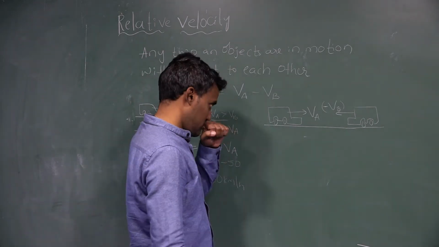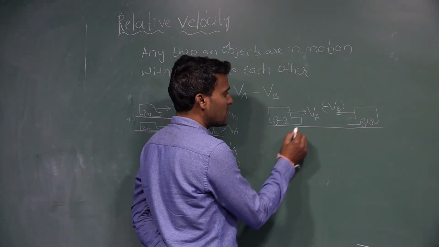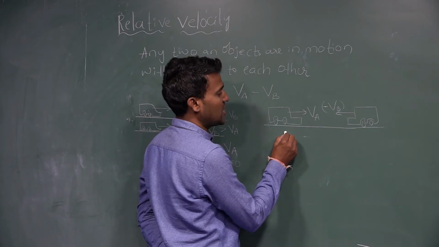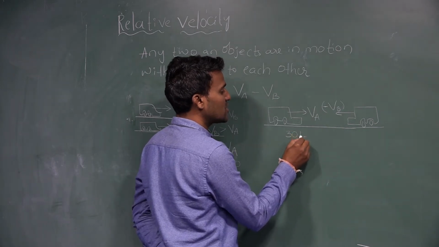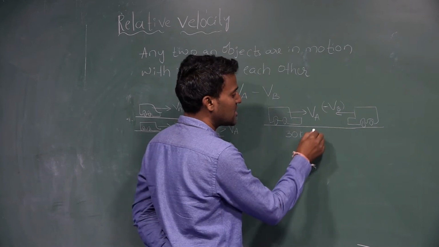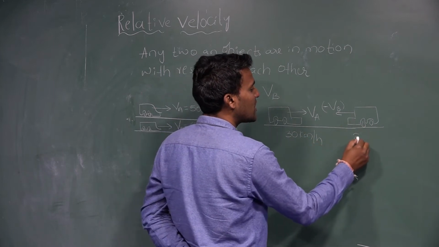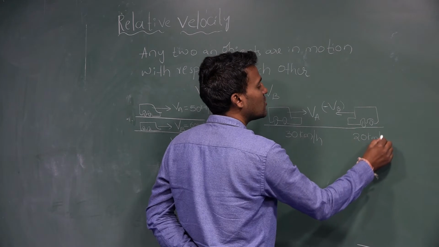Now, for example, VA velocity is 30 km per hour and VB velocity is 20 km per hour.